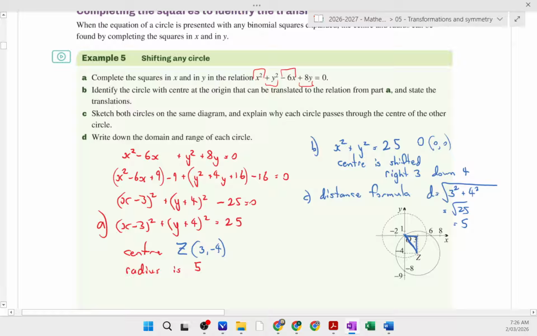So the distance is 5, which is the radius of the circles, which is why they go through it.